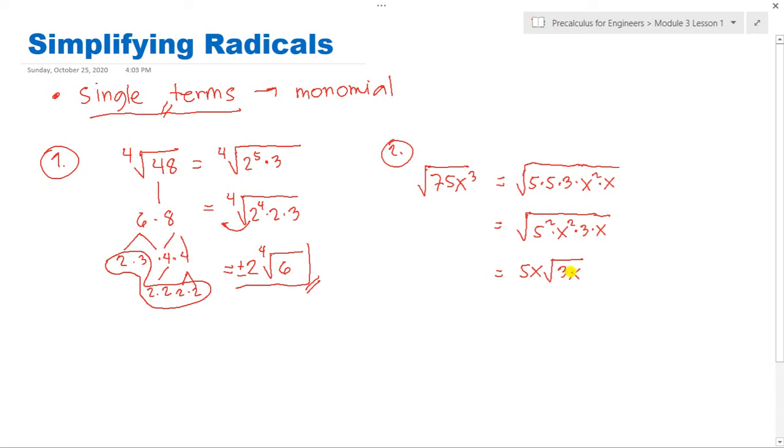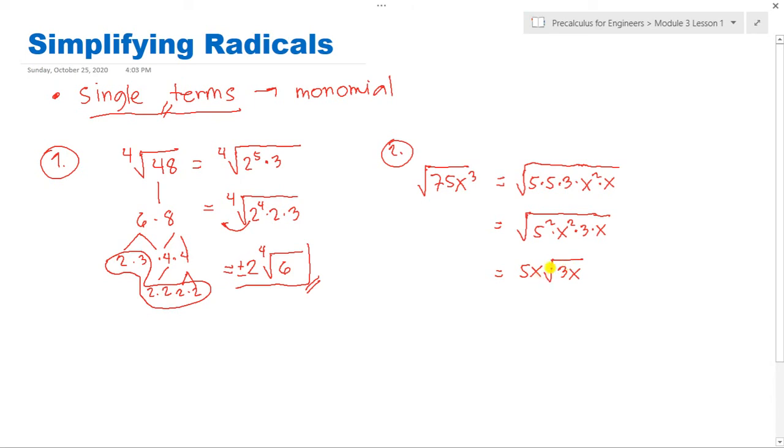How about our x? Since our exponent here is lesser than our index, therefore, wala nang pag-asa na ma-simplify mo pa siya. So, ganun lang yung rule class ha. Remember sa discussion natin sa module 2. Kapag yung exponent mo sa loob ng radical sign is lesser than your index, therefore, there is no chance na ma-simplify mo pa siya into a smaller form.